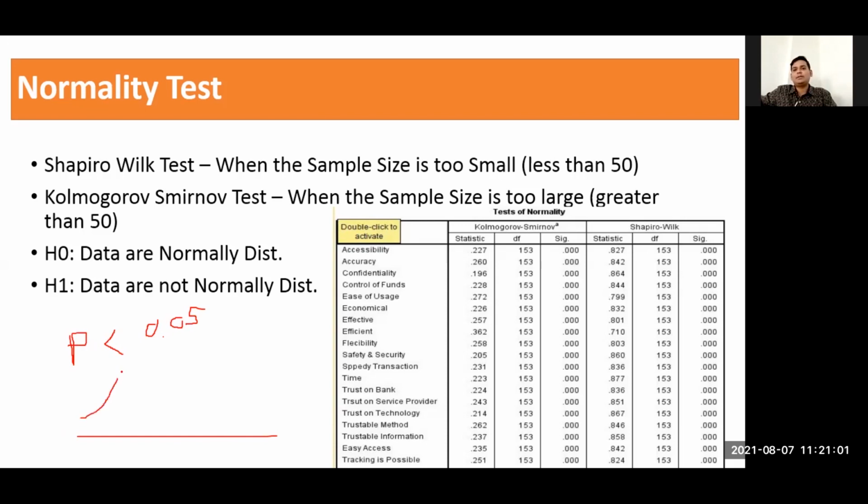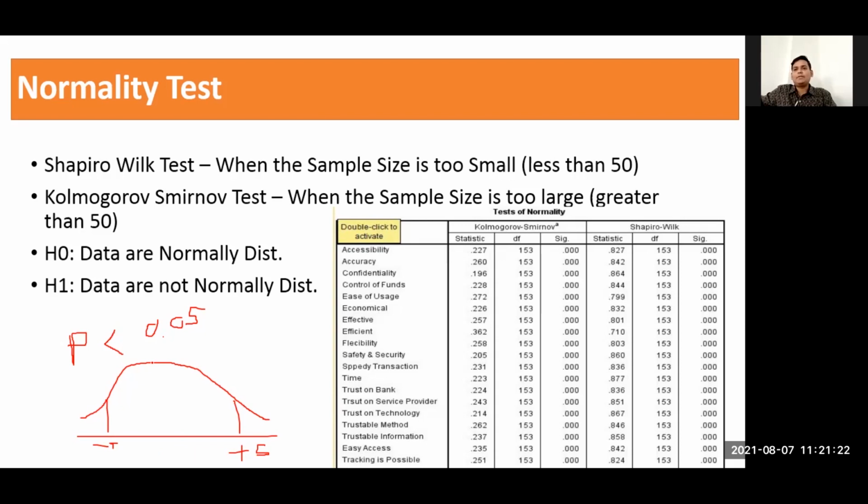If you remember this normality bell curve shape, this is the negative side and this is the positive side. This is minus 5% and this is plus 5% if we are taking a 5% error level.